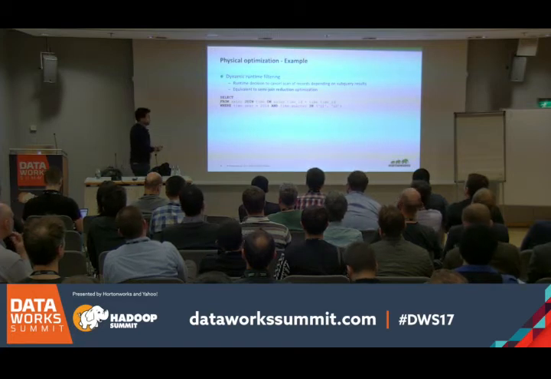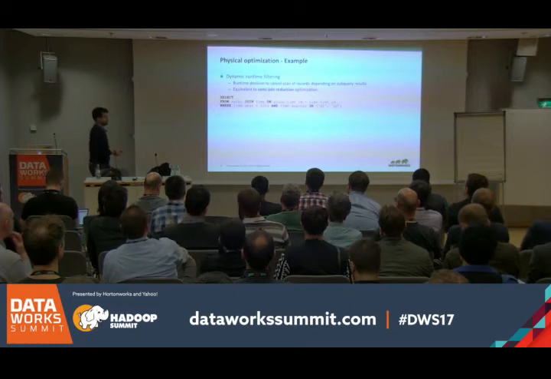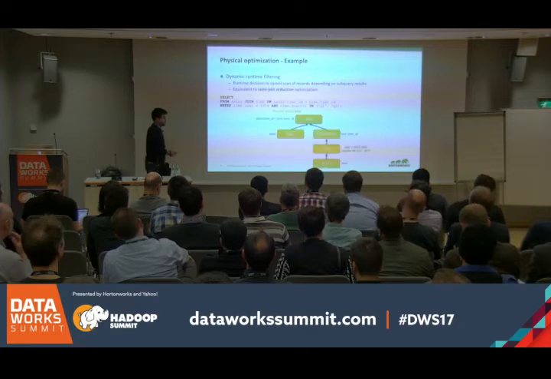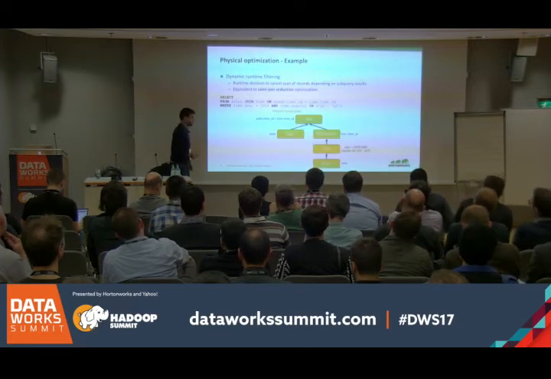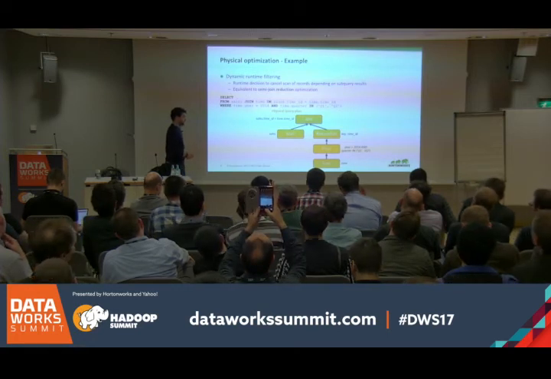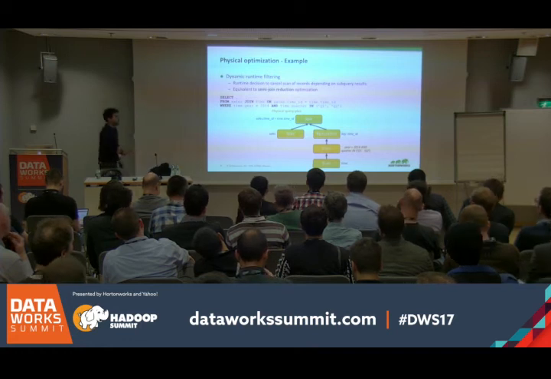So we have this query that joins sales with time based on a certain ID, and then we are filtering by year and quarter. As you can see, statically, we cannot infer which ID will be joined. So this is the physical query plan. You have the scan, the filter, and then the reduce sink, some join, and some scan on the sales.